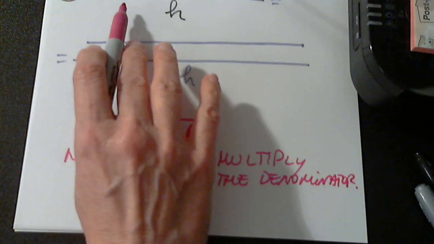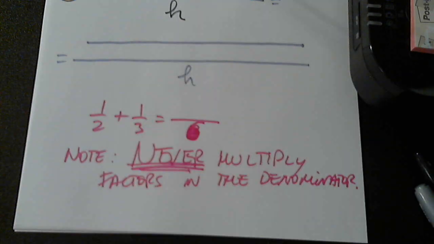We have 1 over x plus h plus 3 and 1 over x plus 3. And the LCD will be... Would it just be h? Or am I tripping?